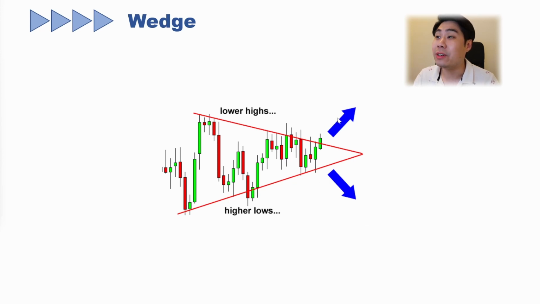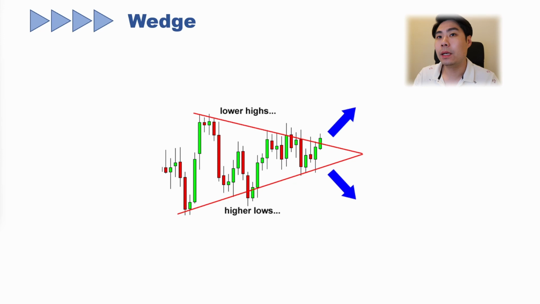So all you have to do is put an order above the resistance if you want to purchase a stock, or put the order below the support if you want to short a stock, and just ride the wave when it happens. You can even do both, and the moment it hits one of your orders, you cancel the other. Whatever it is, you have to be patient and wait for it to break, and that's the best way to do it.